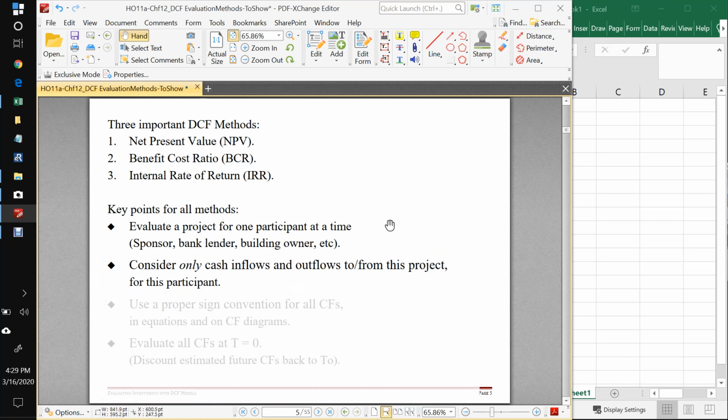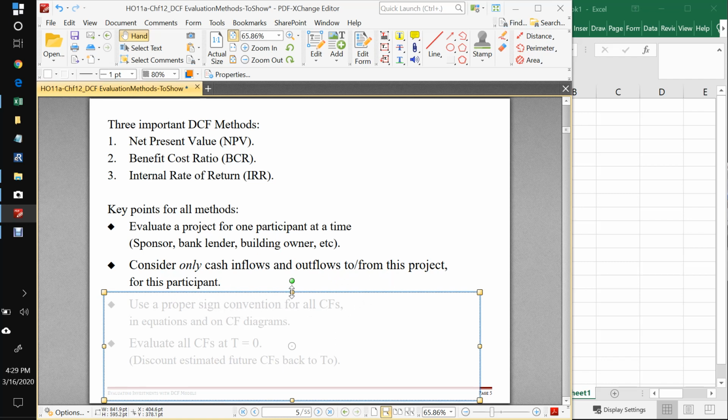And we're only going to consider for this project cash flows in and out for the participant that we've chosen to analyze for. Okay, so if there is the mother of all mountains of cash sitting in this project, it's not going to affect us. We're only going to consider cash flows in and out of this project to and from the participant we've chosen to analyze.